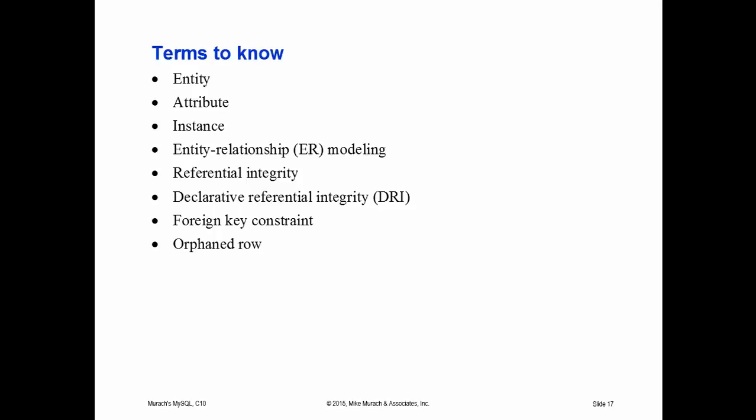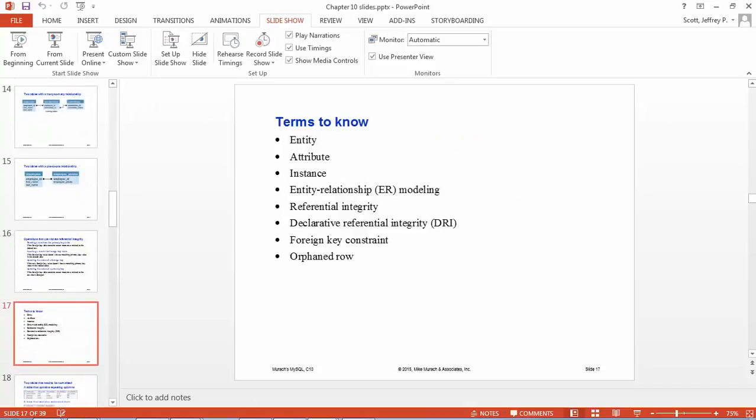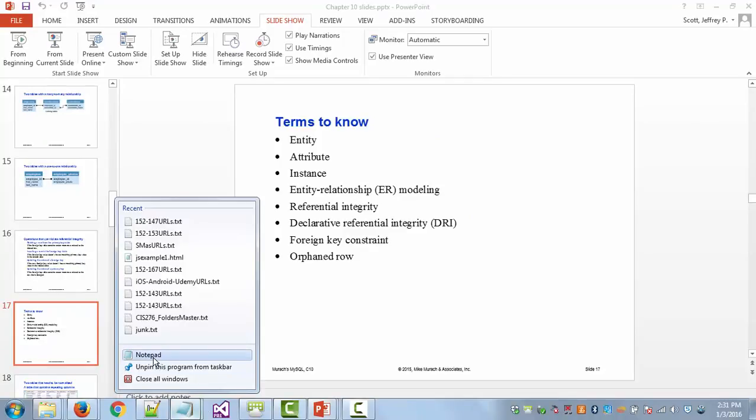With declarative referential integrity, and I think you'll see this a little later, one thing you can do is have what are called cascades. What do I mean by that? I might be jumping ahead a little, but just in case, we'll talk about cascading, in particular cascading updates and cascading deletes.